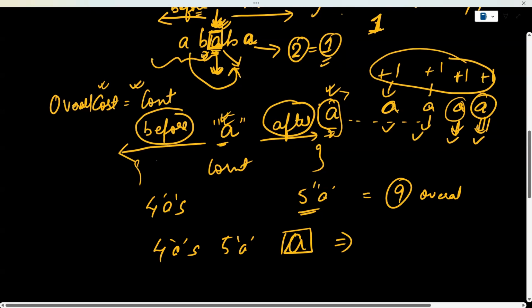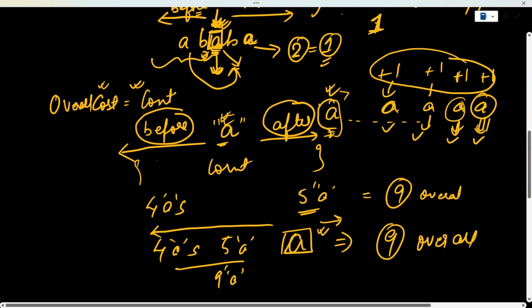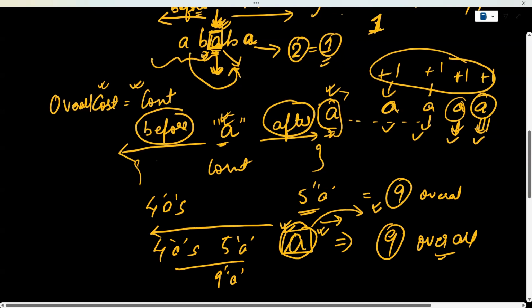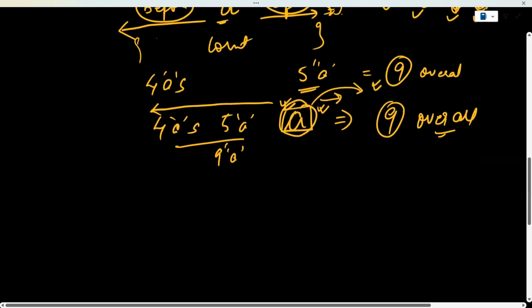Again, the cost will be the number of times A is appearing before and the number of times A is appearing after. Now no A is appearing afterwards, only 9 A's appearing before it. That means again 9 will be added in overall cost. Though we have changed the position of this A, the cost is not changing. It will remain the same. It doesn't matter whether we shift that A rightwards or leftwards.